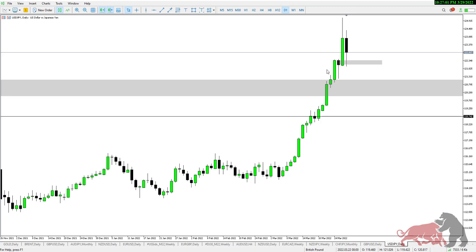So now having said that, BOJ has embarked on a policy of their bond purchasing. So that's basically tapering, right? The BOJ has embarked on a taper program, meaning they're trying to put some weight on the yen pair, on their economy, meaning we could see strength coming back into yen pairs.